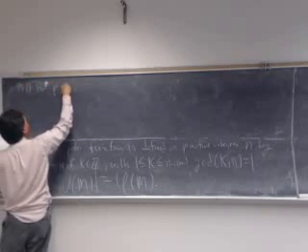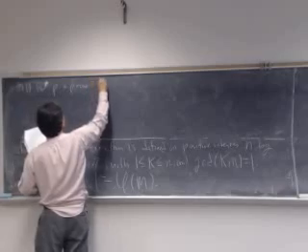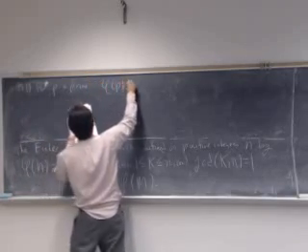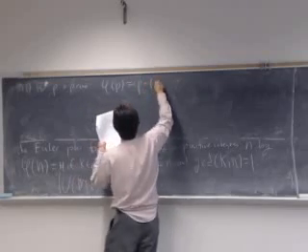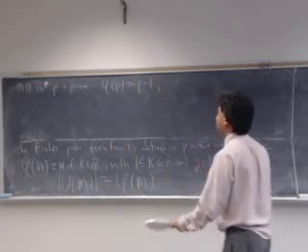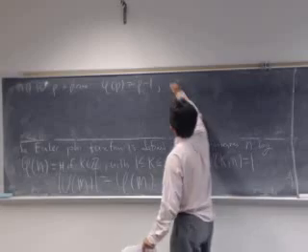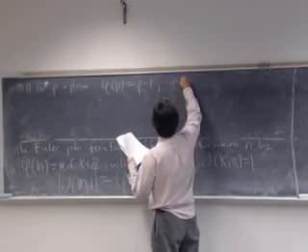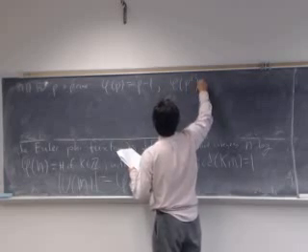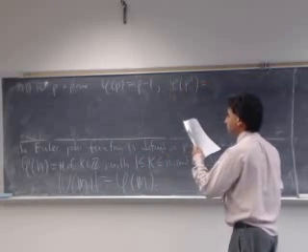First, for p a prime, the Euler function is just p minus 1. What about for p squared?